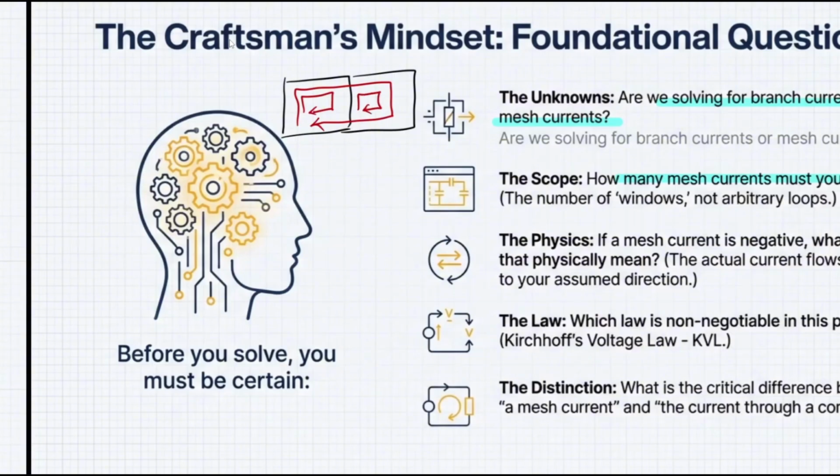But these specific loops, especially this one and this one, have a specific characteristic that we can call a mesh. Mesh means that you have a loop that you cannot divide down into smaller loops. So when we are talking about a mesh, we are talking about special loops that you cannot divide down.